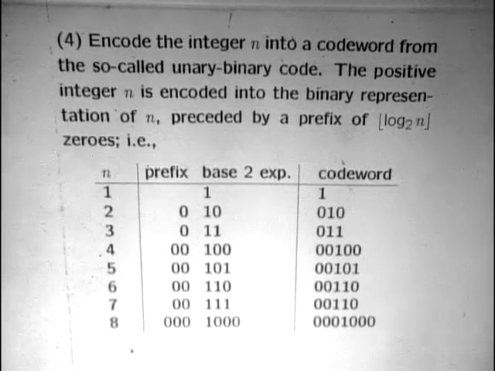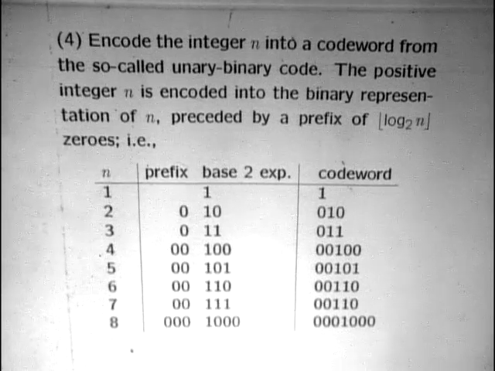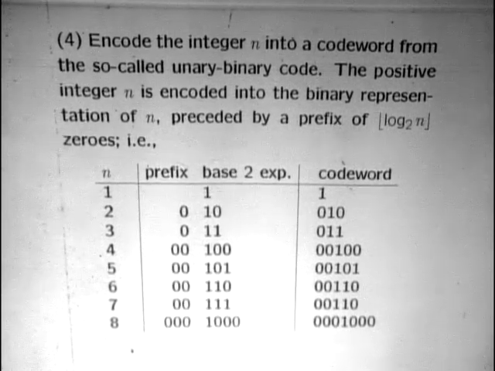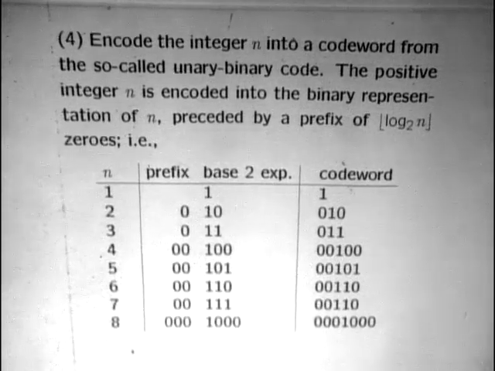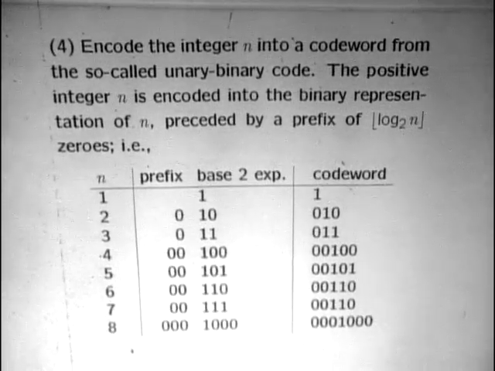So it takes care of the case where there haven't been any occurrences of that symbol anywhere in the window. So you only look for matches of length 2 or more. Okay, so then you use something called a unary binary code.